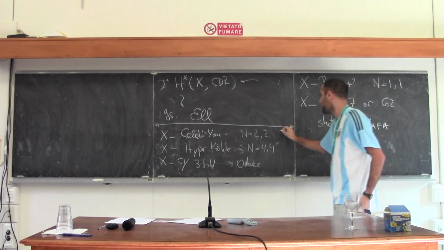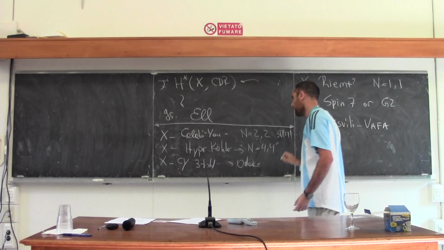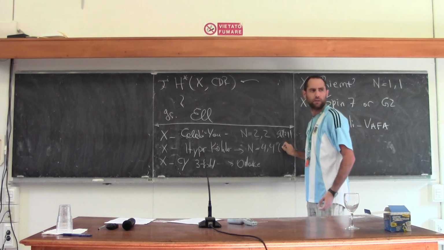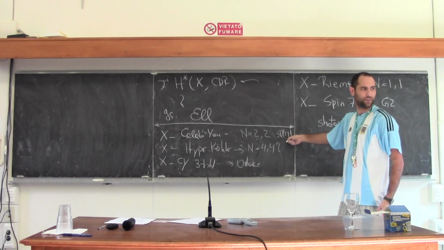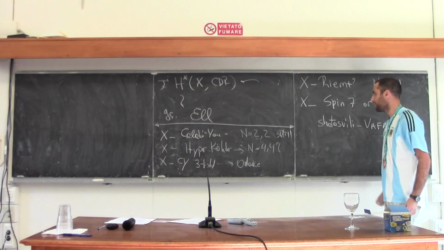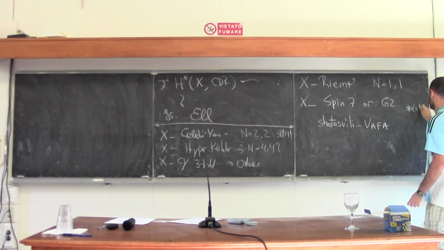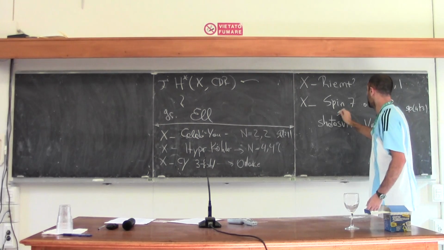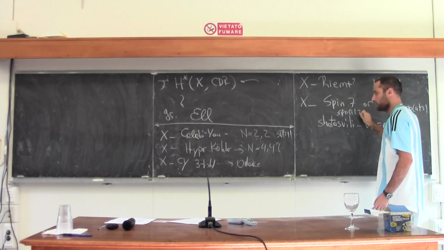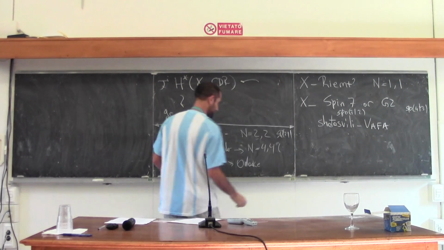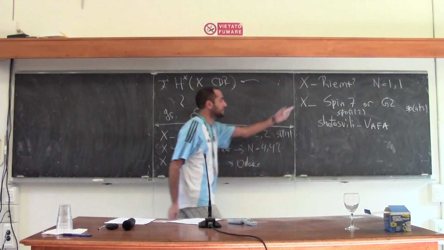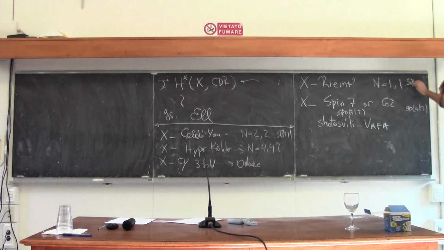I can tell you what those super Lie algebras are. This is SO(4,3), SPO(4,3), SPO(3,2), and SPO(2,1). There are Hamiltonian reductions of this. These are called W algebras.